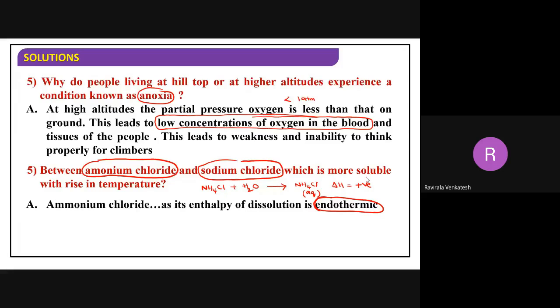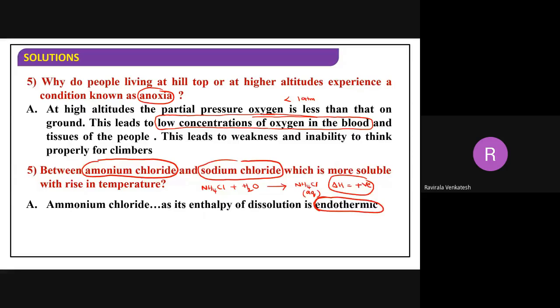Now yesterday only we discussed that whatever the solution formation, dissolving, if it is positive, okay. Now when you increase the temperature, does the solubility increase or decrease? Yesterday I told you the Le Chatelier shortcut principle.